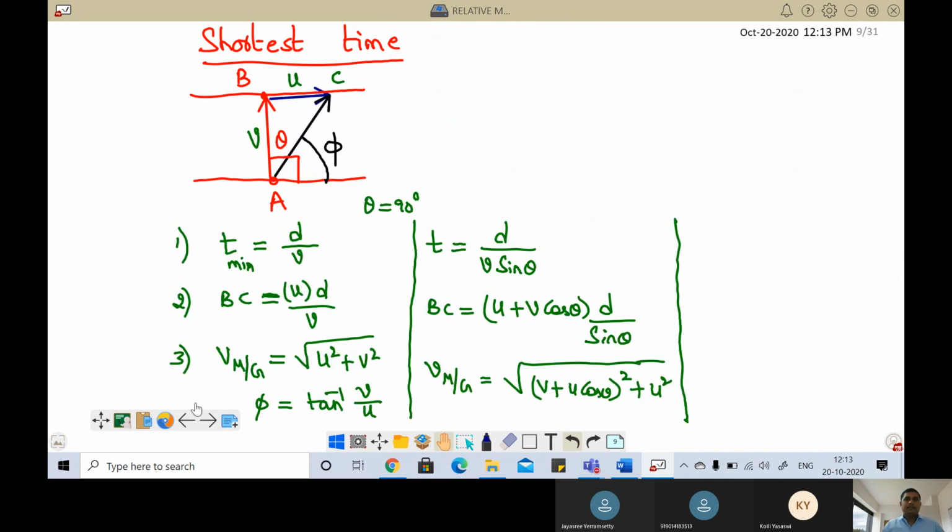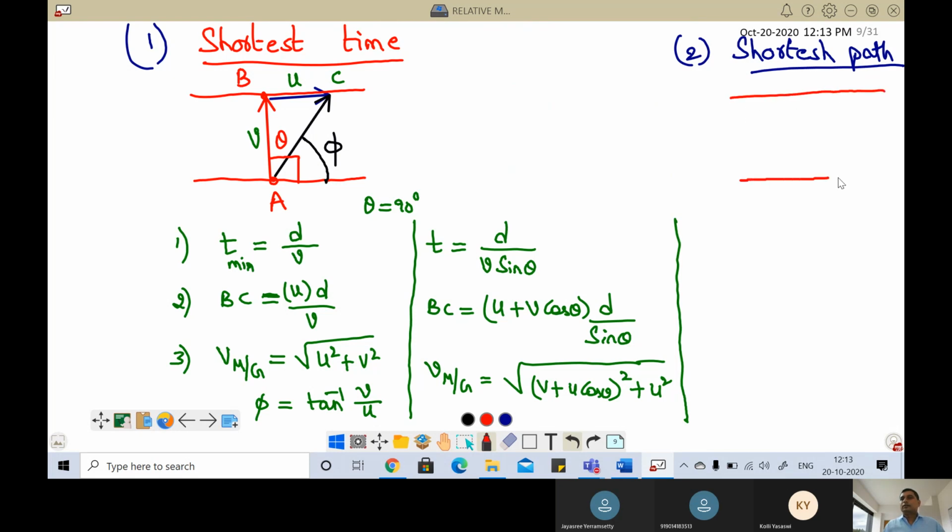So the first one is the shortest time, first case. The second case is the shortest path. In this shortest path, first I'll draw the diagram.